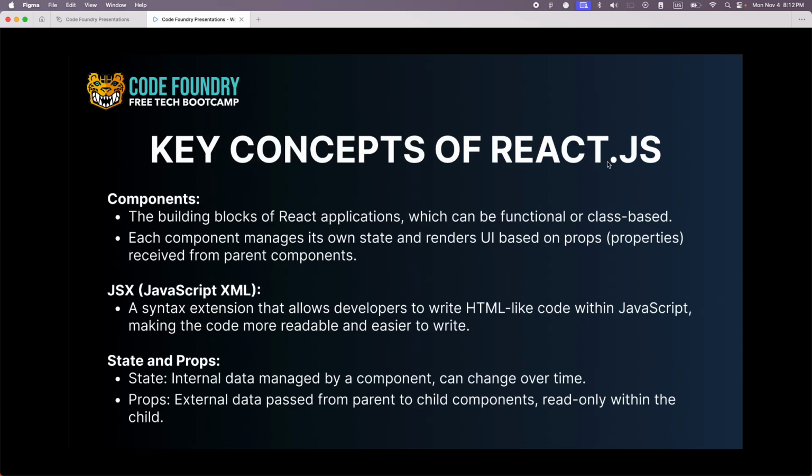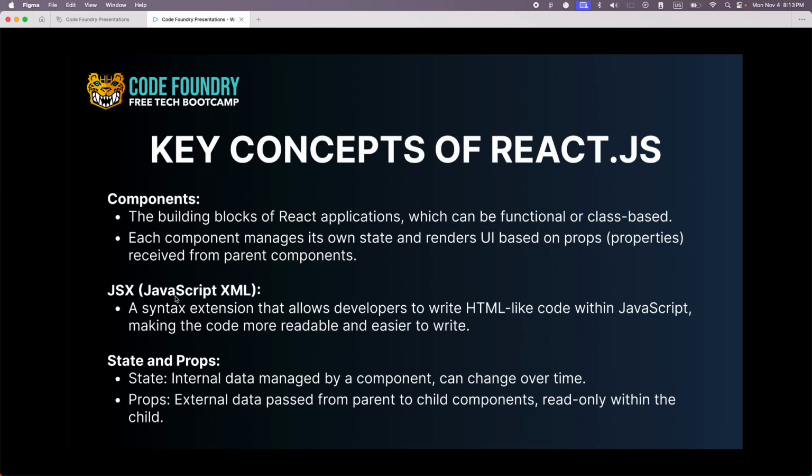So some key concepts of React.js are building blocks which are functional or class-based. So our building blocks are our components, and you can either make them out of functions or you can make them out of JavaScript classes. Each component has its own state management and renders UI based off of properties that are received from parents or more high-level components.